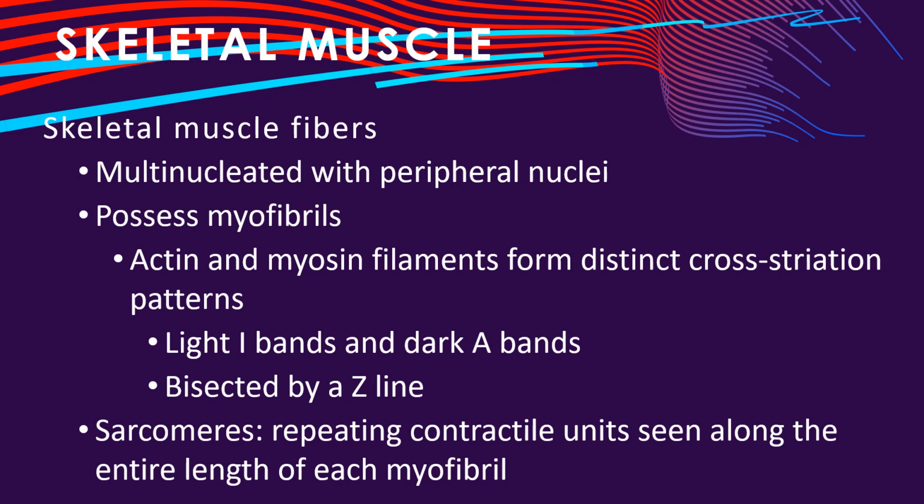This gives your skeletal muscle fibers a striated characteristic. You have light I bands and dark A bands, bisected by a Z line. The sarcomeres of your skeletal muscle fibers are the repeating contractile units seen along the entire length of each myofibril.